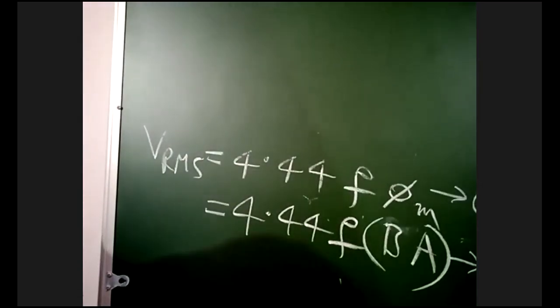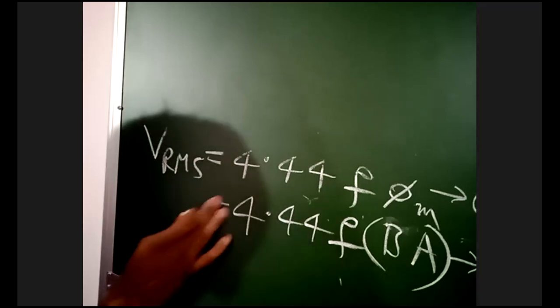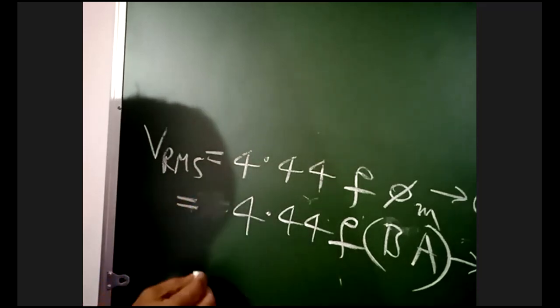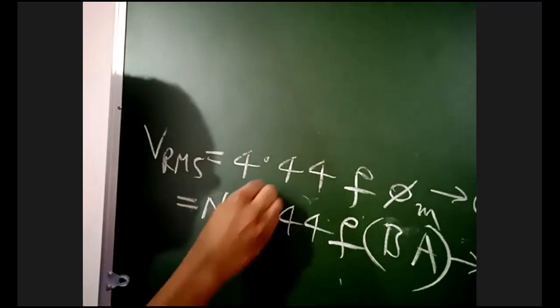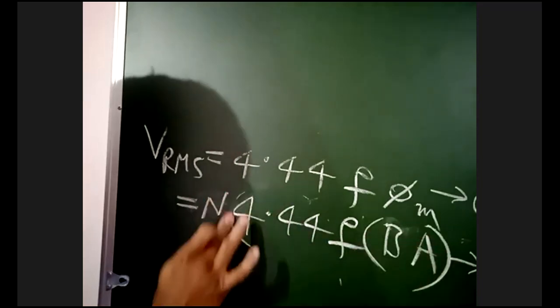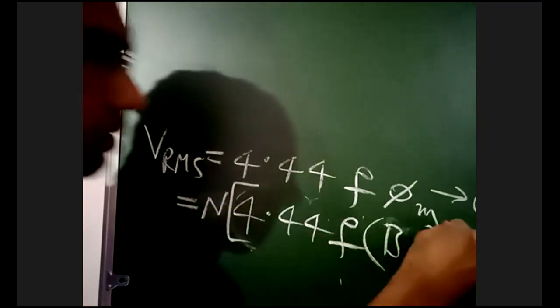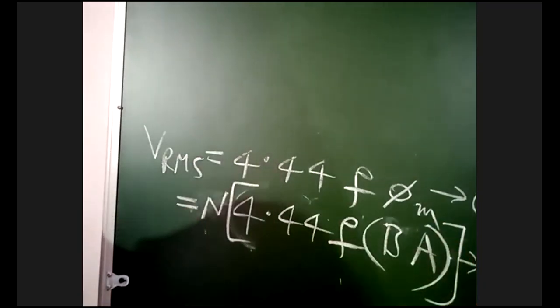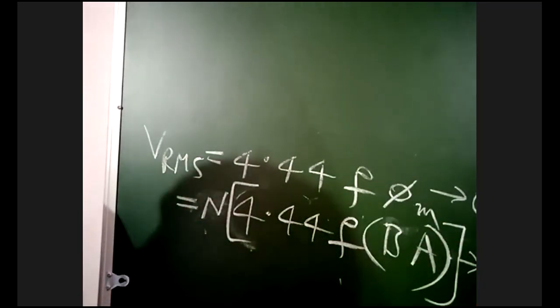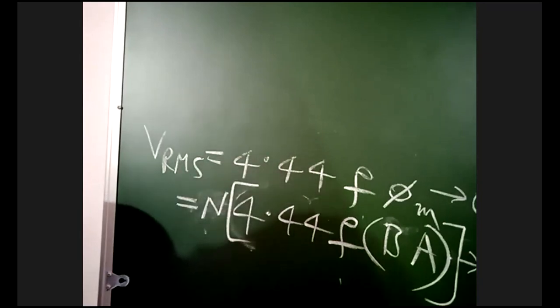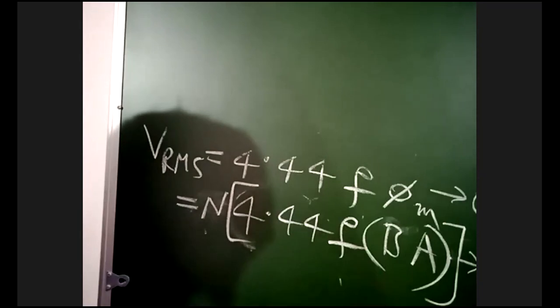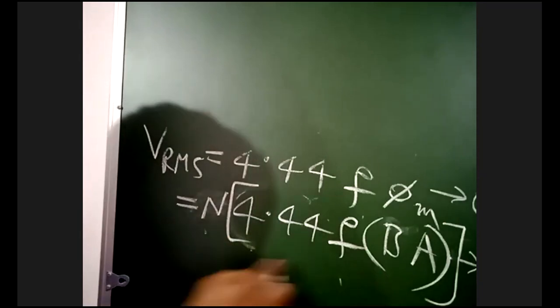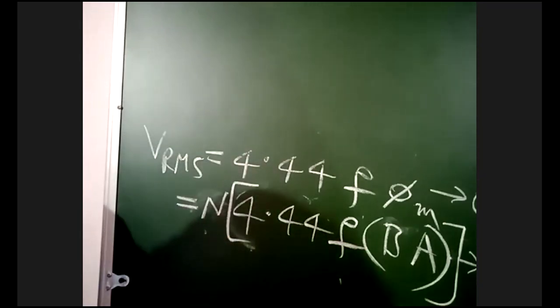Now here I am taking N. N is the number of turns in the coil. This is for one turn, N is equal to 1.